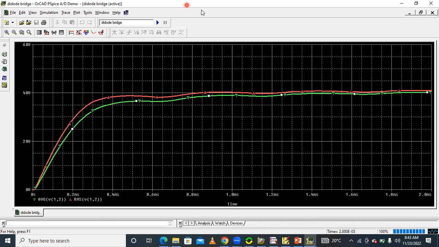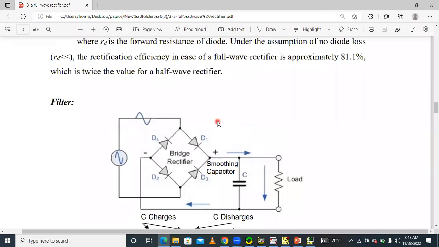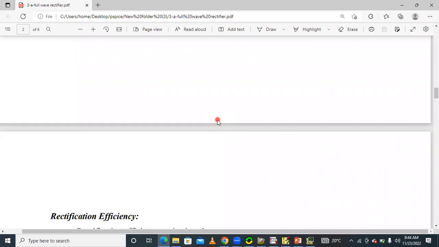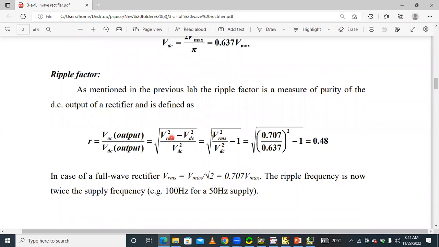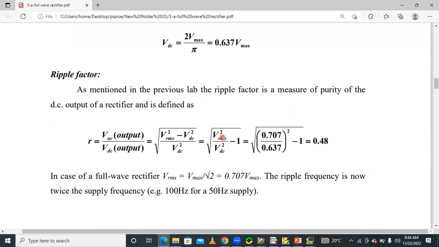Then substitute these values in the ripple factor formula. 42 is the RMS value. Substituting, we get the square root of 42 squared divided by 40 squared, minus 1.